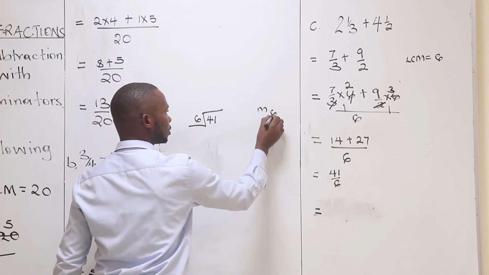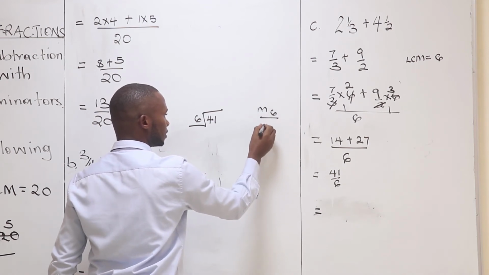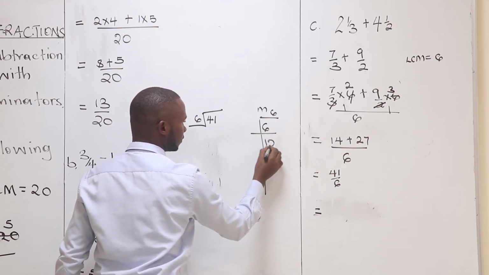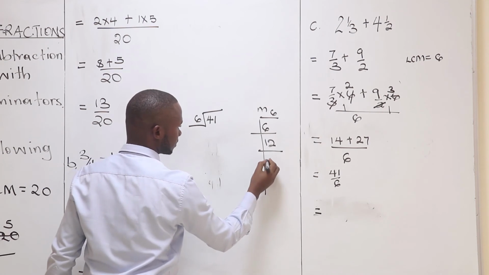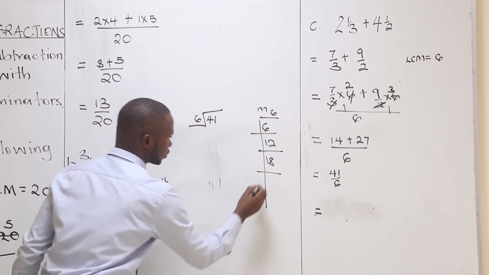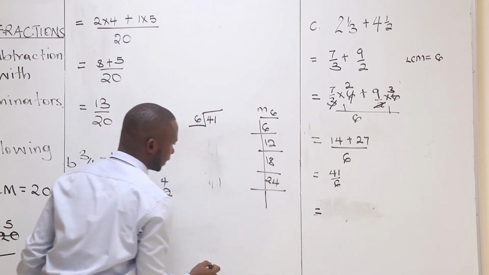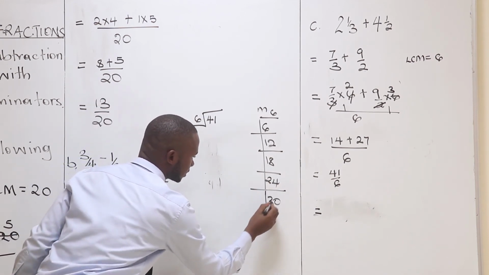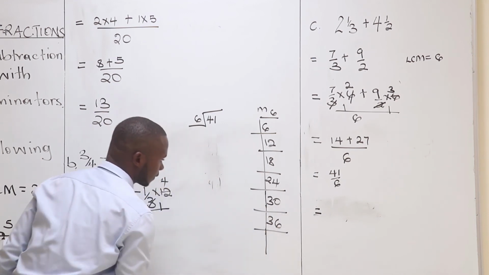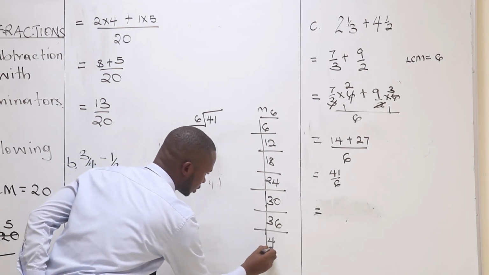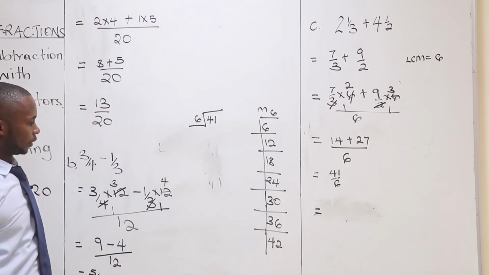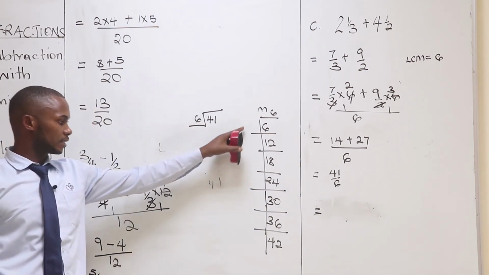You can first list the multiples of 6: the first one is 6, plus 6 you get 12, plus 6 is 18, plus 6 is 24, still plus 6 is 30, plus 6 is 36, plus 6 is 42. So when you get 41 divided by 6, you find that 41 is not there.